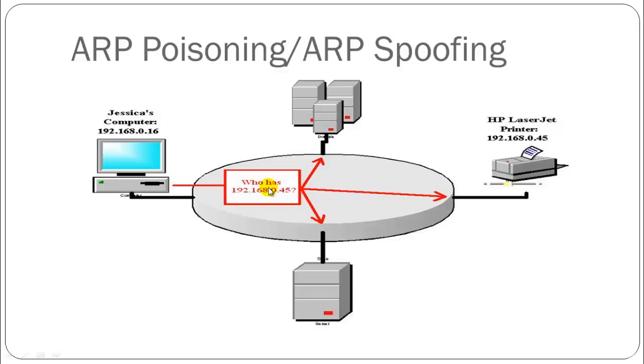So when an incoming packet destined for, let's say, a host machine on a particular local area network arrives at a gateway, the gateway asks the program to find a physical host or MAC address that matches the IP address. As you can see in the diagram over here, it's asking who has the IP address 192.168.0.45. It's asking all three of these computers, because these three are on the LAN connection right now.